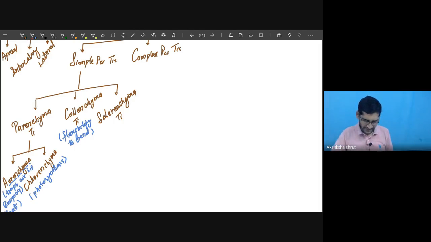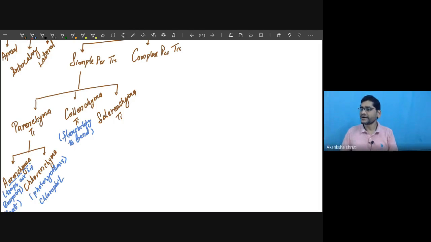It gives the flexibility to bend. So there is a difference: chlor means related to chlorophyll, but collen means related to flexibility.